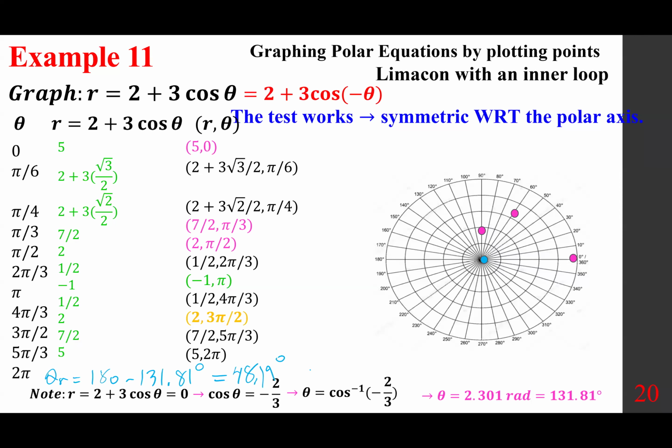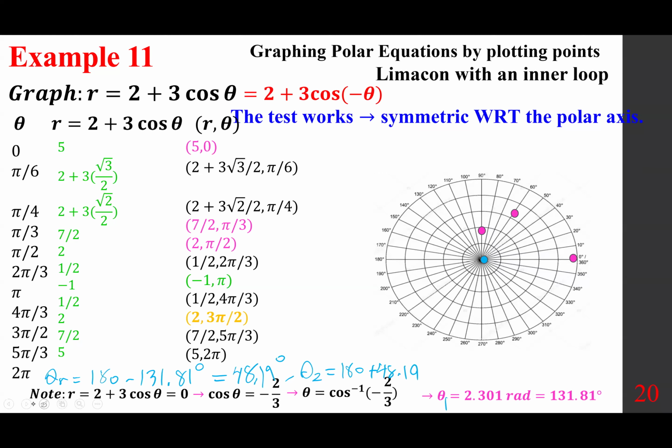Let's call this theta sub 1. The other angle that gives you 0 is 180 plus this number, 48.19, okay? Just to give you an idea.